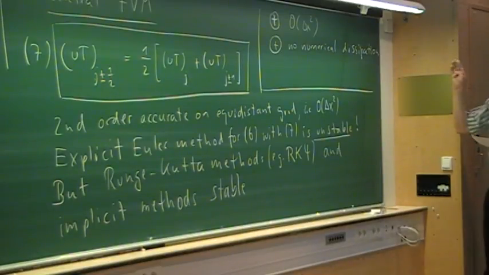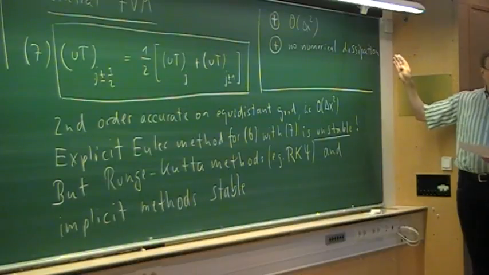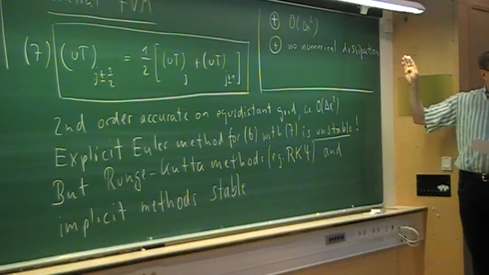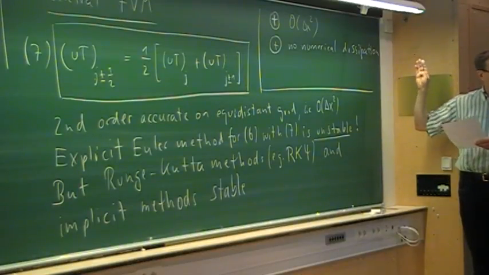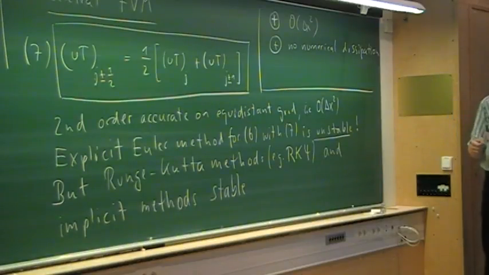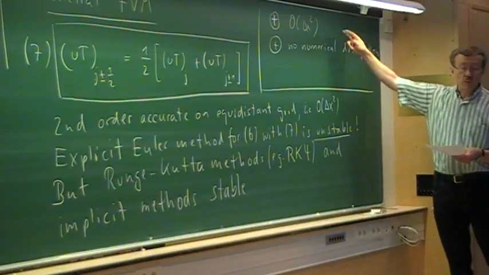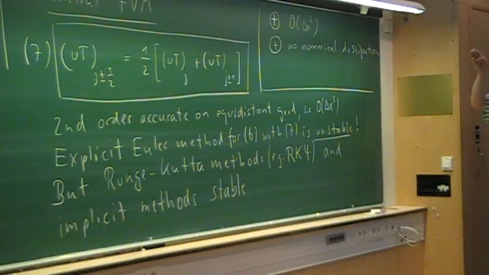But the amplitudes are not dissipated, so you can really follow waves over long distances in space and over long times. However, when you do that, you really need even higher than second order. You need fourth, sixth, eighth, or even higher order methods. But that's another story.